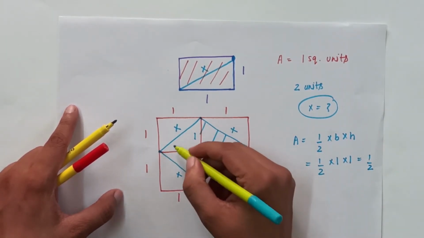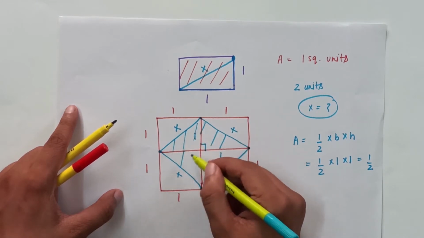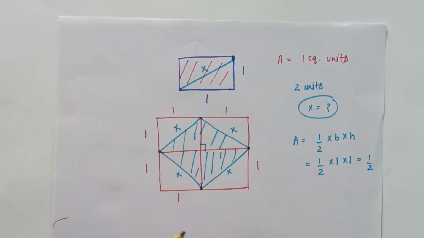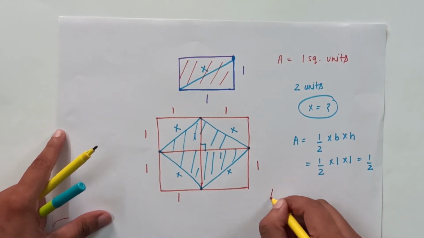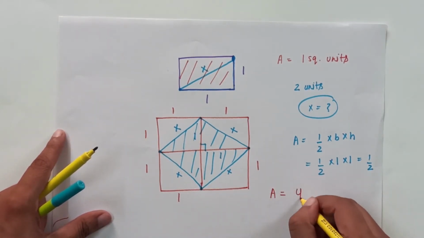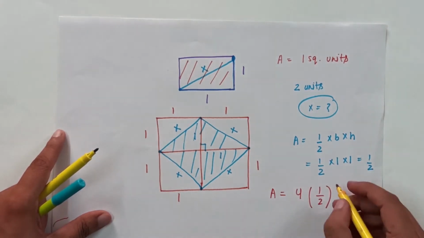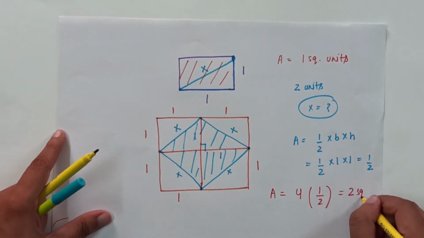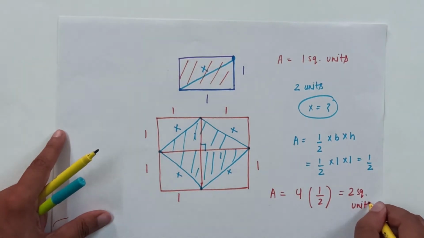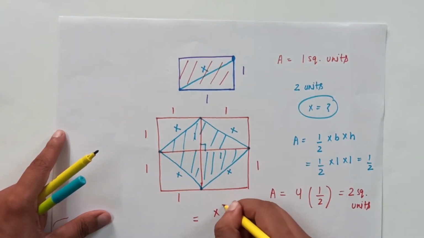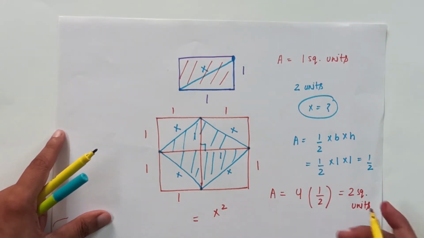Now this whole square consists of 4 similar triangles, so the area of this complete square will be 4 times the area of one triangle, which is equal to 2 square units. And also the area of this square is x square. So from both the equations we can equate that x square is equal to 2.